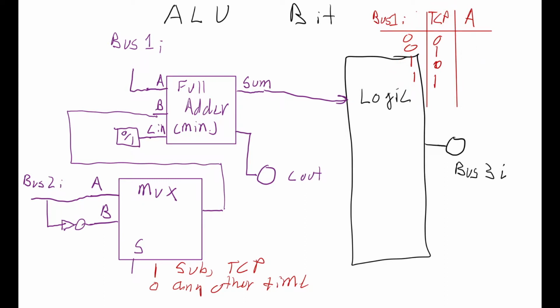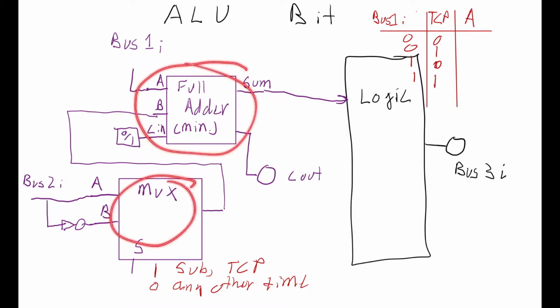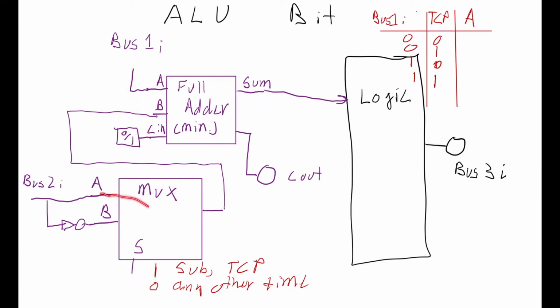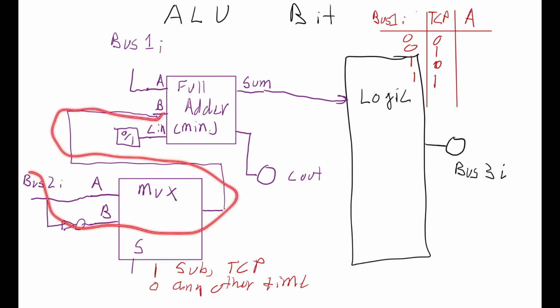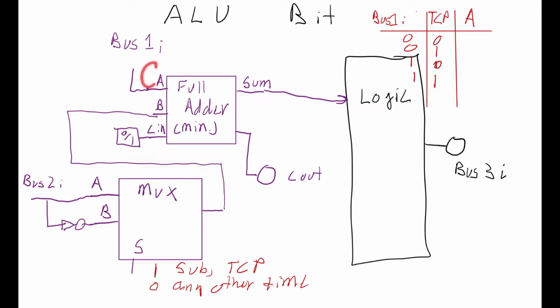That way, when they turn on their operation, this adder, combined with the mux and the logic that you added here, can switch from adding the numbers together, subtracting the numbers, or taking the 2's complement by feeding in a 0 for this A input.